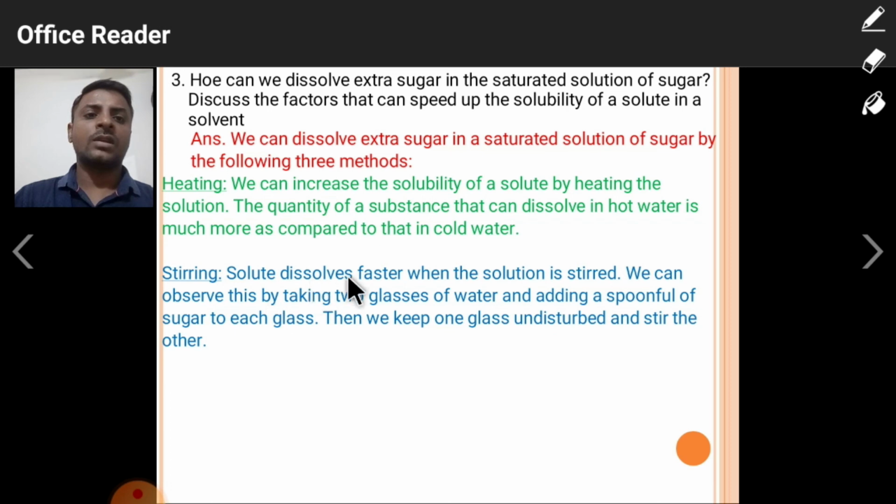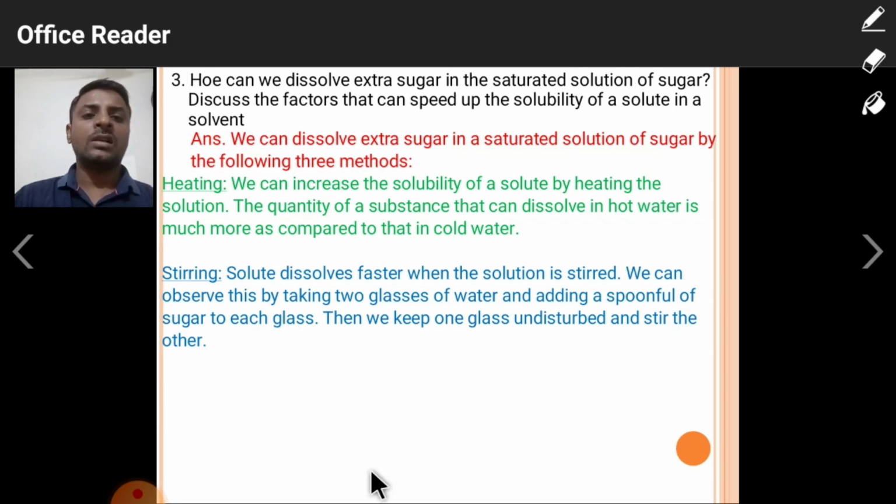Solute dissolves faster when the solution is stirred. We can observe this by taking 2 glasses of water and adding a spoonful of sugar to each glass. Then we keep one glass undisturbed and stir the other.